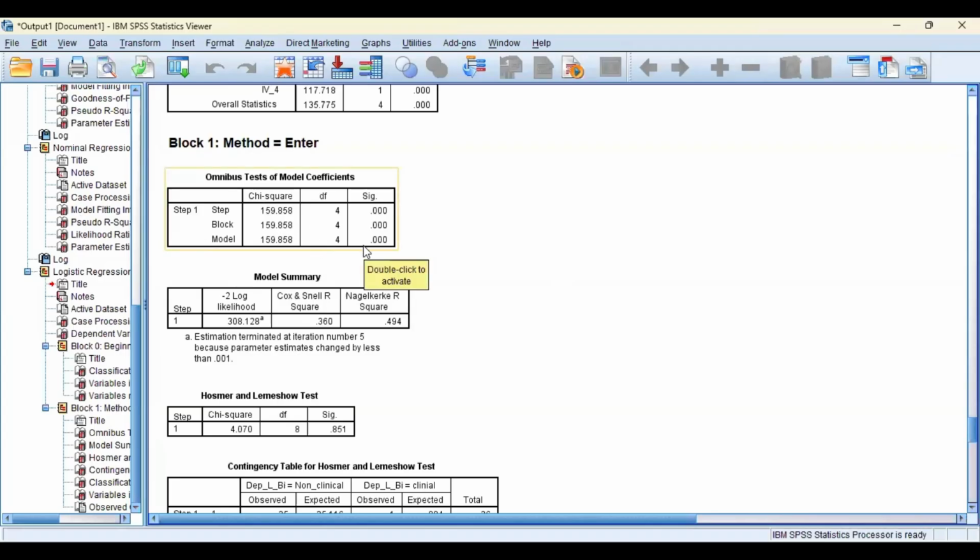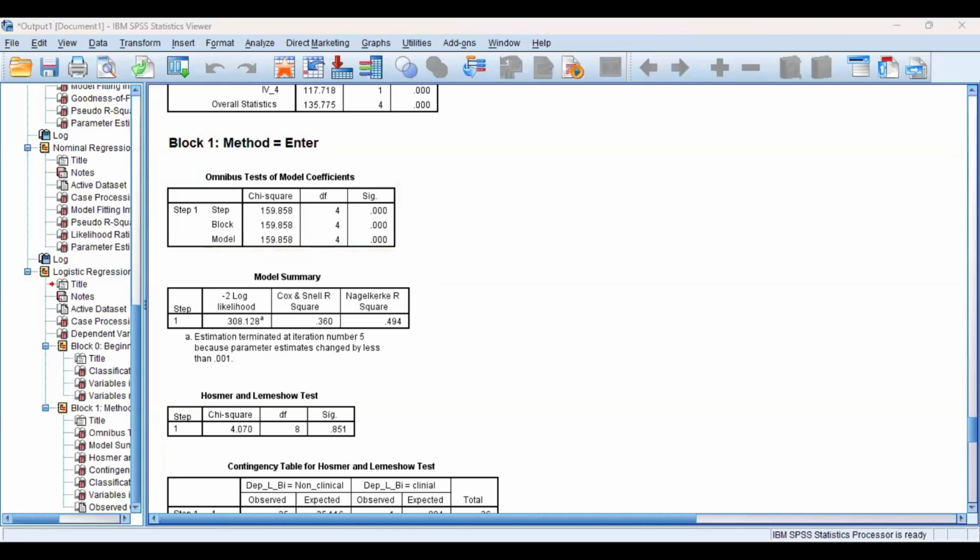We still don't know if individual predictors make a significant contribution or not, but we know that this package of predictors together can be a significant pattern of predictors.